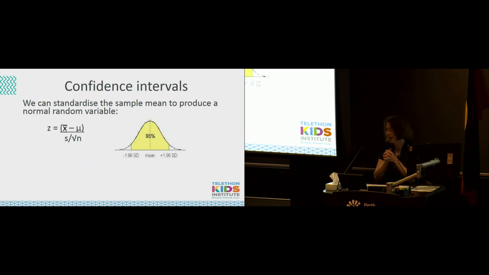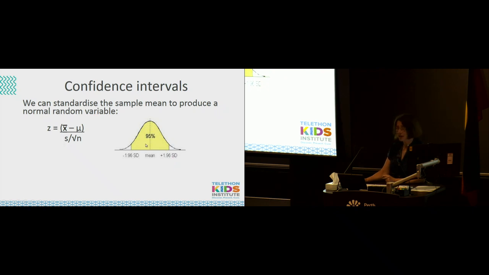What we couldn't have was a bunch of tables that told me the area under the curve for every different normal distribution you can have. So what if it had a mean of 5 and a standard deviation of 4? What if it had a mean of 10 and a standard deviation of 0.5? That would have been a huge volume, masses and masses of tables where I would have to pick up the right volume for the right value of the mean and the right value of the standard deviation to look up the area under the curve, so I can get the probability.